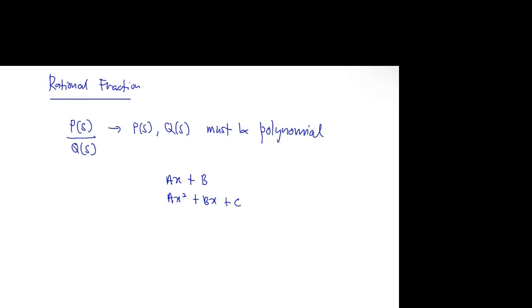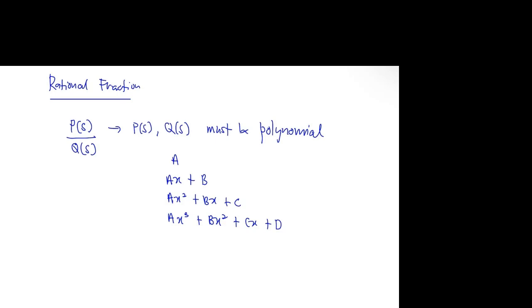A cubic polynomial is ax cubed plus bx squared plus cx plus d. So this is the general form. Also, a polynomial of constant only is just a constant a. So in order to be a rational function or rational fraction, P(s) and Q(s) must be polynomials.